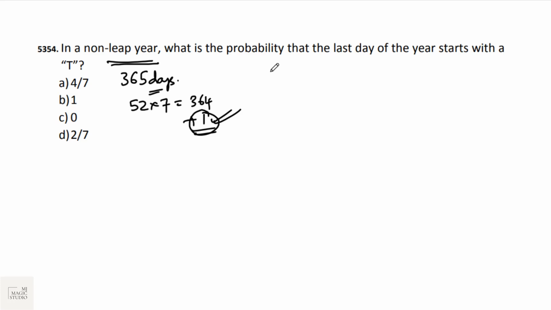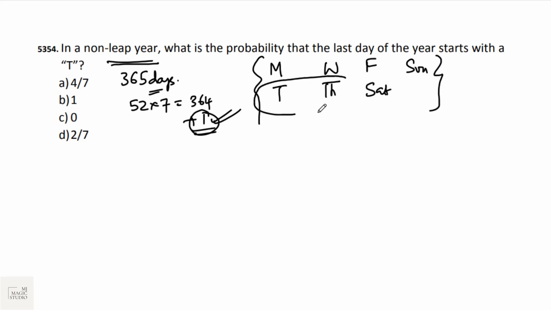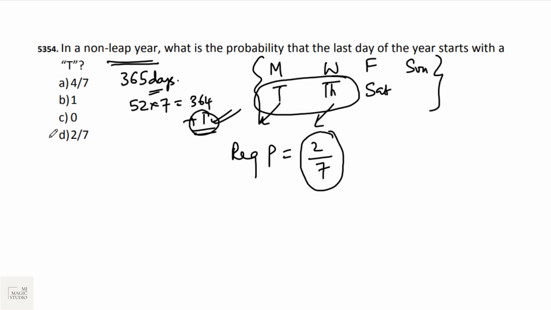This last day may be Monday, Tuesday, Wednesday, Thursday, Friday, Saturday or Sunday. So for this last day we have got 7 options, out of which 2 are favorable because these 2 start with T, that is Tuesday and Thursday. So the required probability is favorable cases divided by total cases, 2 by 7, option D.